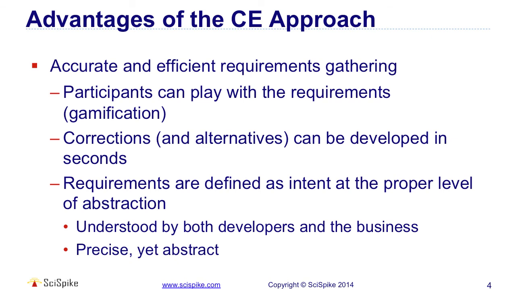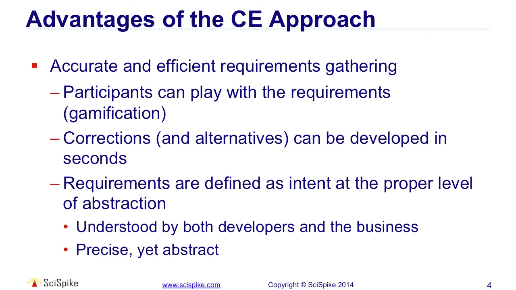So the advantage of this whole approach is we get really accurate and efficient requirement gathering. And it comes from the participants being able to play with the requirements, sort of the gamification of the whole idea, which you can do in other forms also, drawing sketches. I've seen people using tools like Balsamiq very efficiently, although there's nothing like real running software, I feel.